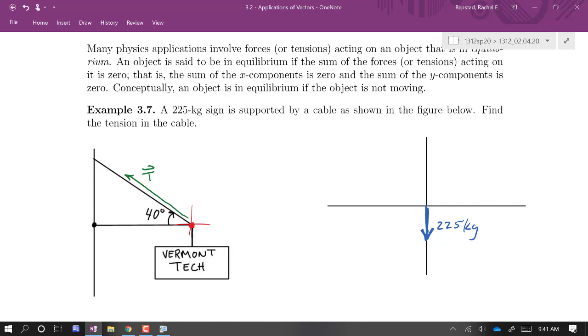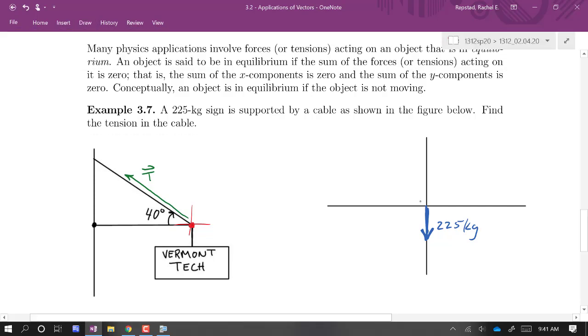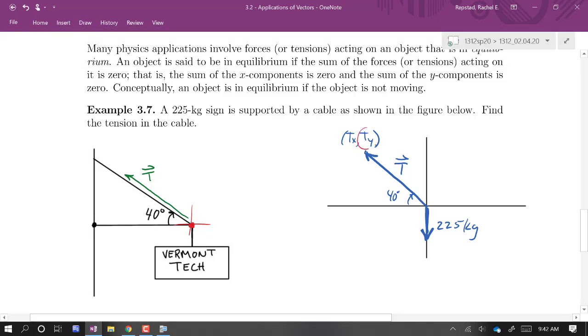And then we have this tension vector going up this way at 40 degrees. It has some components, and it also has some magnitude. But what helps us solve this problem is that we know what the y component of that vector has to be.